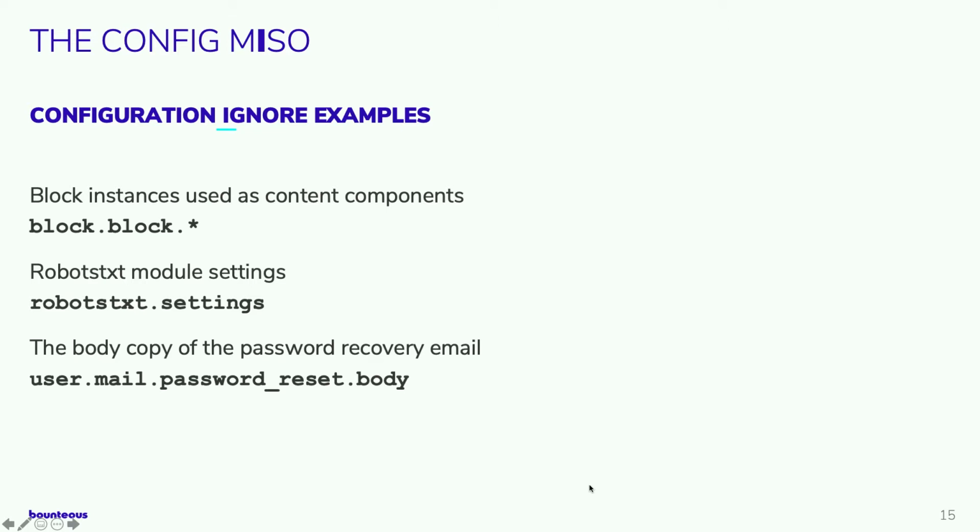If you're using the robots text module, you might want to drop robot text.settings in there so that you could have different settings on dev and stage and production. And then you can get very, very specific, like in the body copy of the password reset email. You can just ignore that, and everything else on that basic site settings page still lives there. So you can get, again, very specific with these if you like.